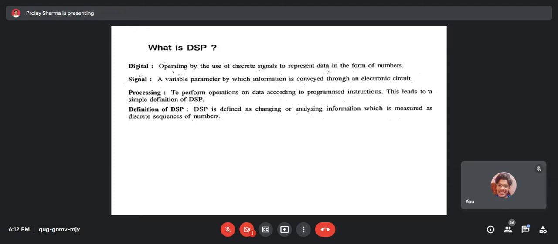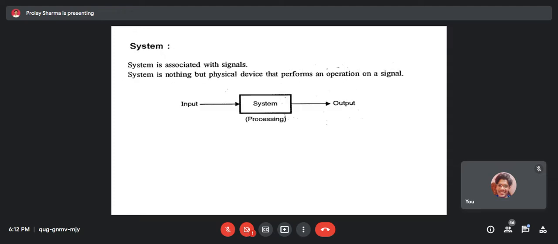So in this subject, we will learn various types of processing techniques, and to process the signal, what different systems we have to implement. That we also see in this subject.